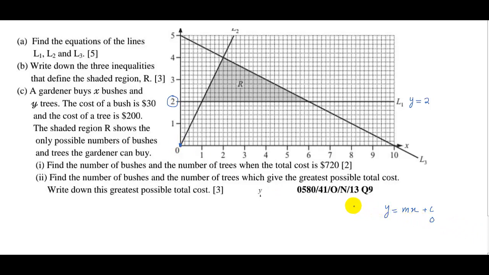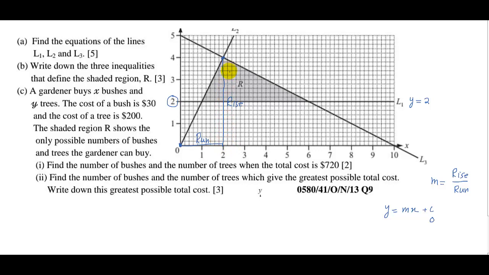To find the gradient, we can use the formula rise over run. So let me take any 2 points and draw a right angle triangle. This is the rise and this is the run.